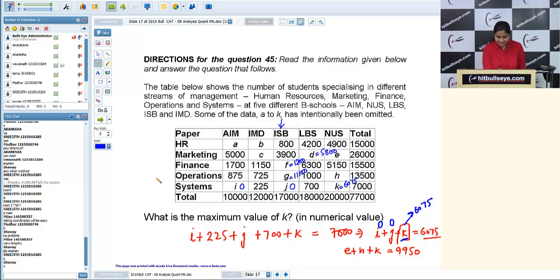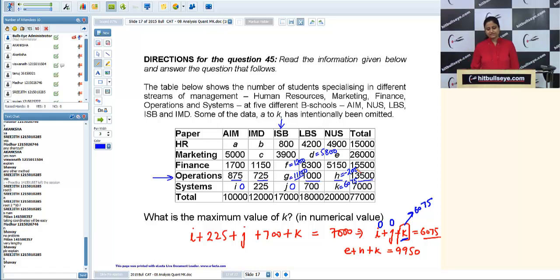So if we take again these row operations, if we take the addition 875 plus 725 plus 11,100 plus 1000 plus H is equal to 13,500. H will be minus 200, which is never possible because you are talking about the number of students. We cannot consider negative values.